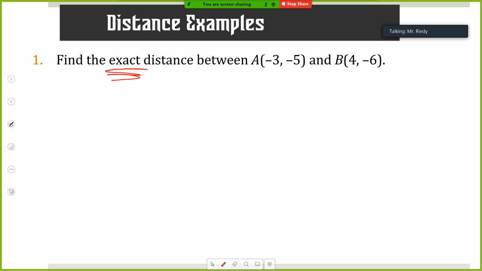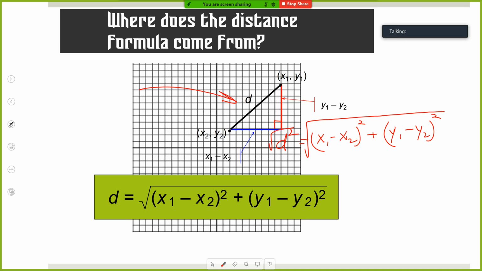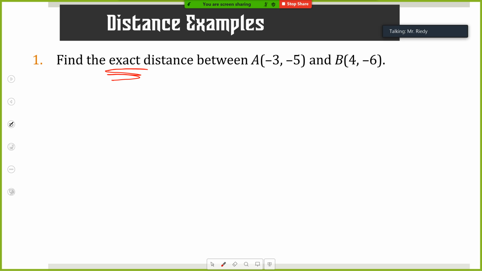Plug and chug into this formula, because you're looking for D between those 2 points. All right, Aiden, you got a setup for me at least? Yeah. And I'll take it from there?